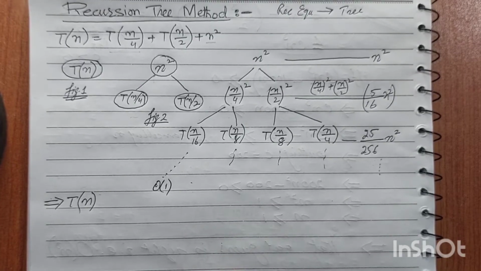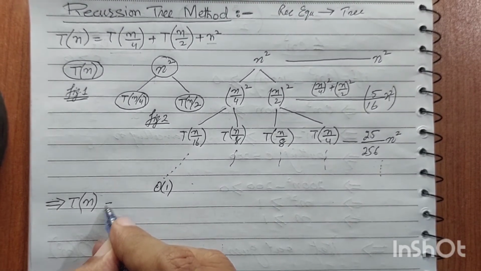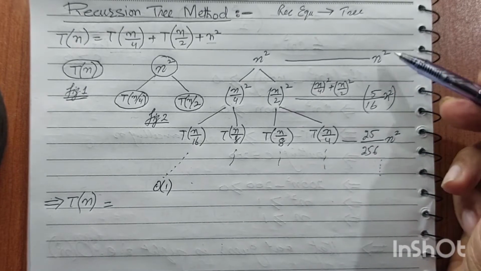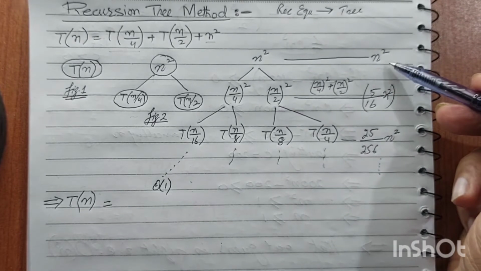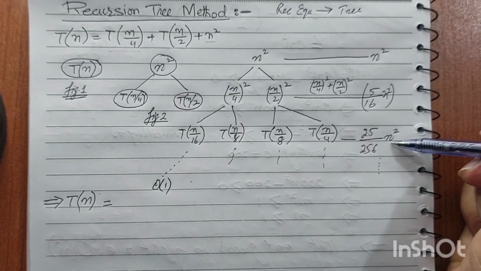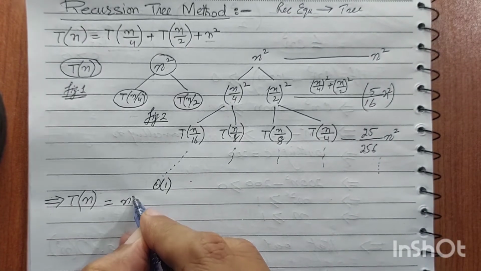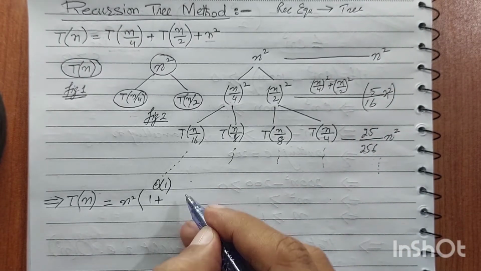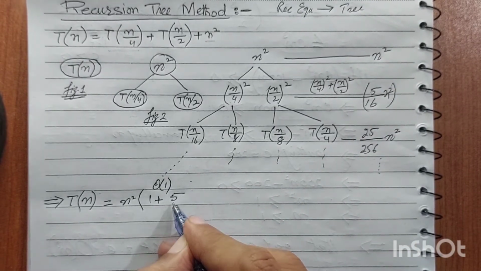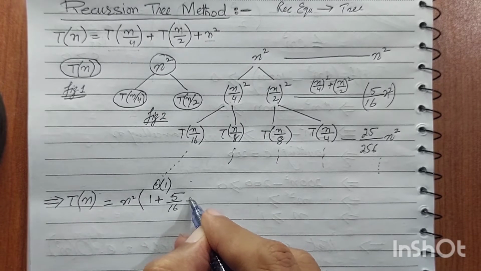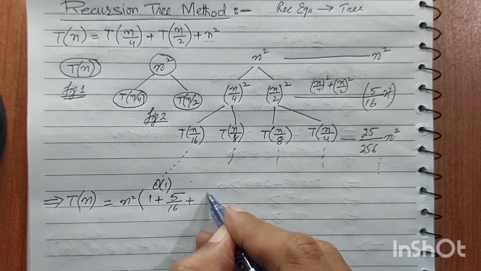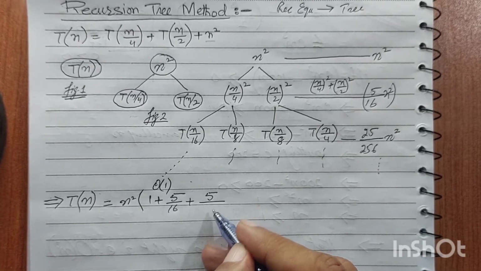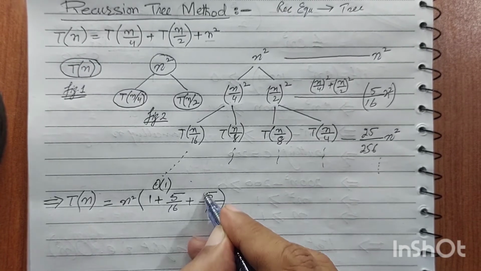So this implies that t of n is equal to, I'm just taking n square as common from all terms. Here you can see n square, n square, and n square. So the rest is 1 plus 5 by 16 plus 5 by 16 whole square.